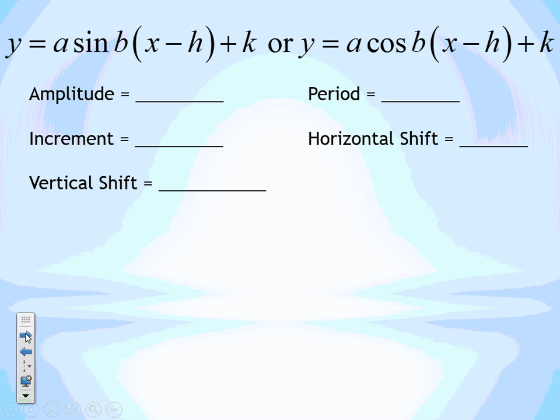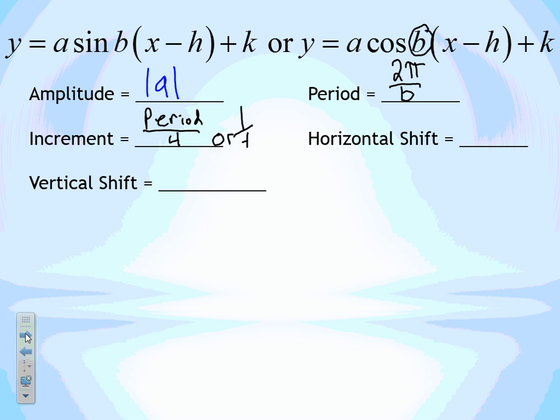So when we look at these equations, these are all the 5 things that we have to know before we can graph. So our amplitude is always the absolute value of A. The period is always 2 pi divided by B. The increment is always the period divided by 4, or 1/4 times the period.